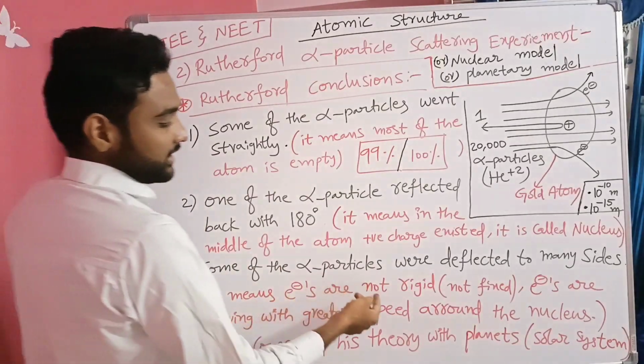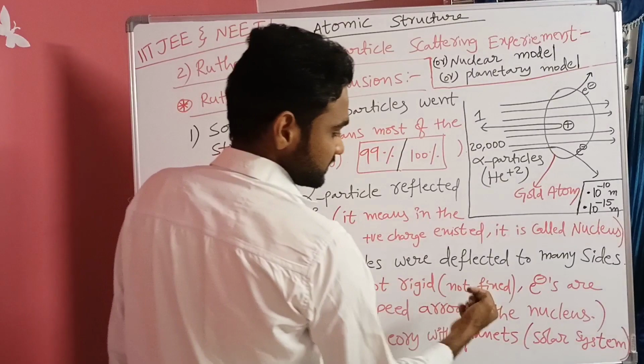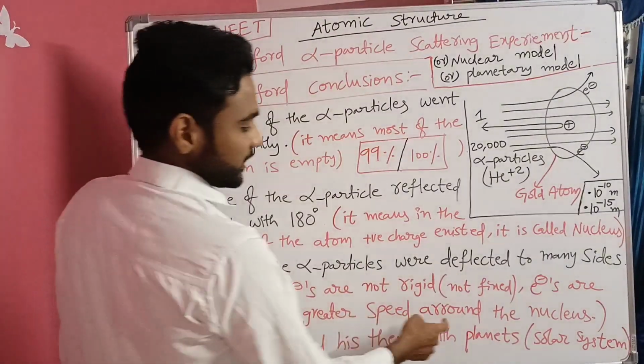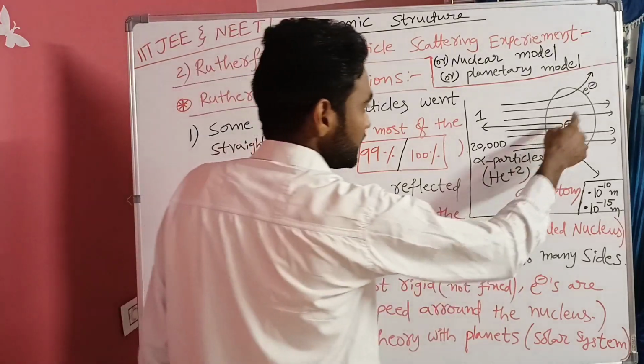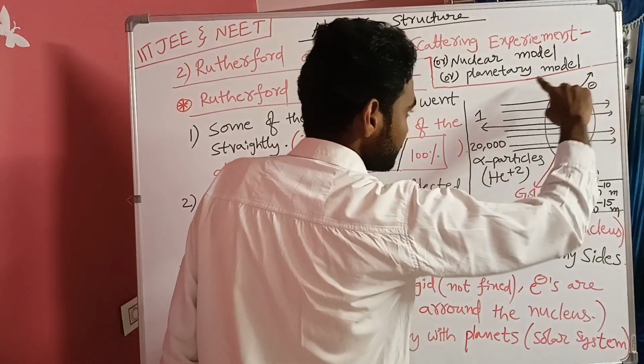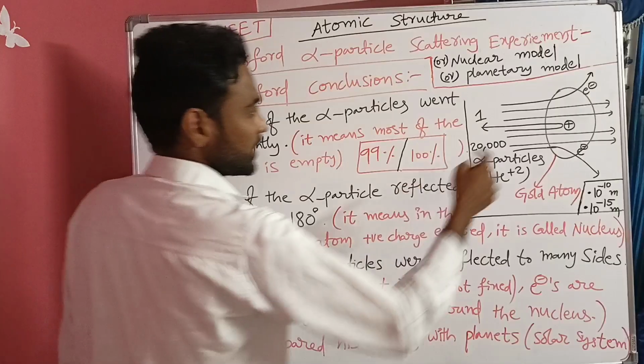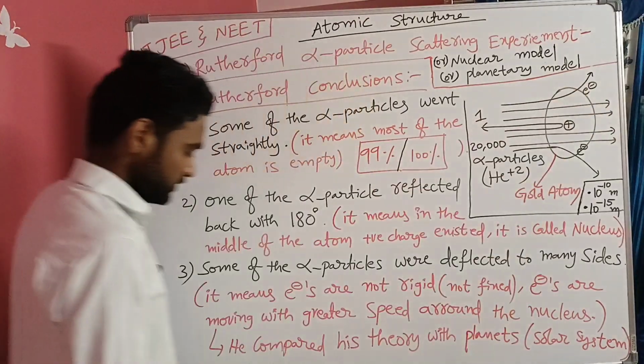It means electrons are not rigid or fixed. Electrons are revolving around the nucleus with greater speed. That's why we observe deflection sometimes here, sometimes there, because of the revolution of electrons.